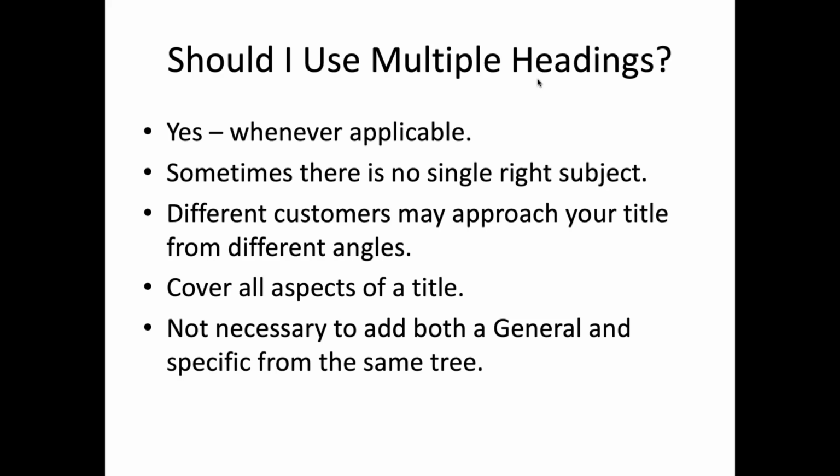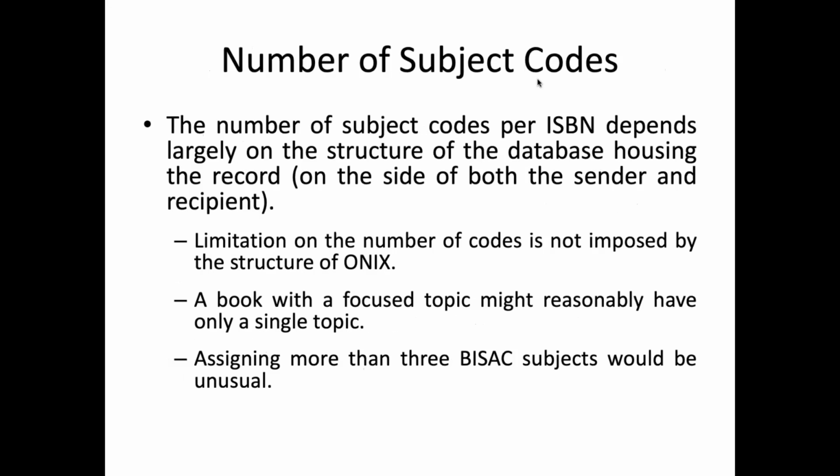Or if you have a book of political speeches by Hillary Clinton, you can give that literary collections, speeches, and political science, women in politics. So again, you just want to give the codes that are most applicable and that people will be able to find your book under.